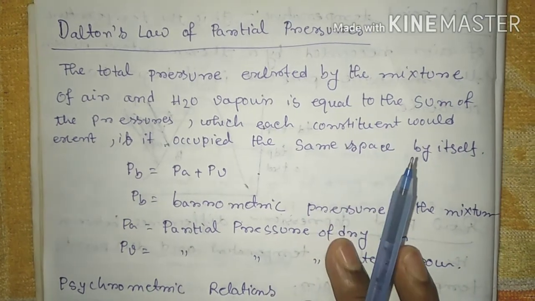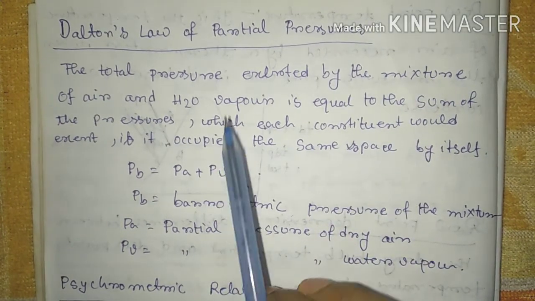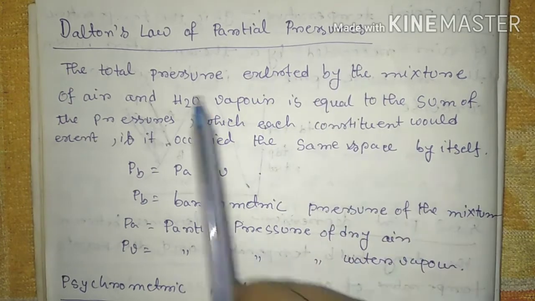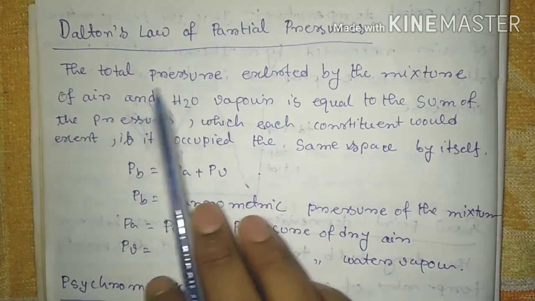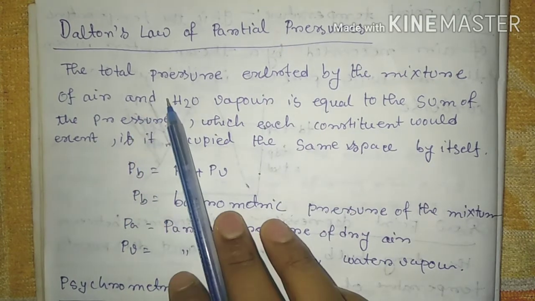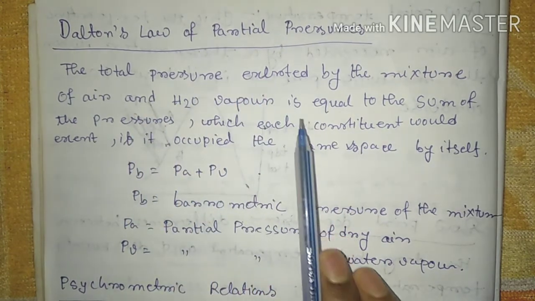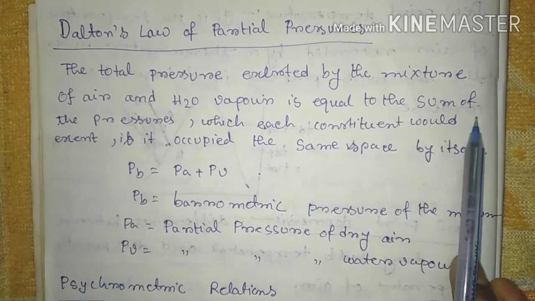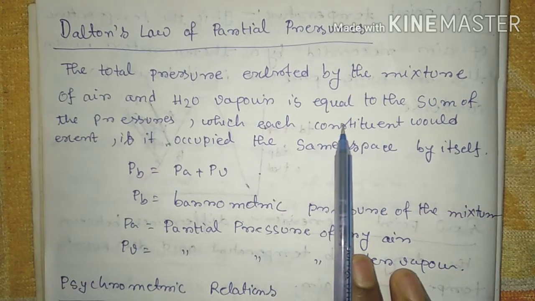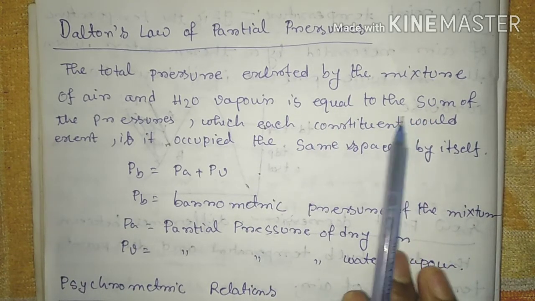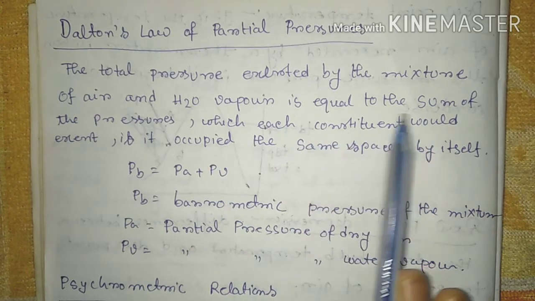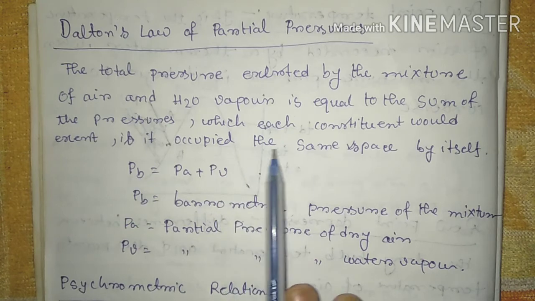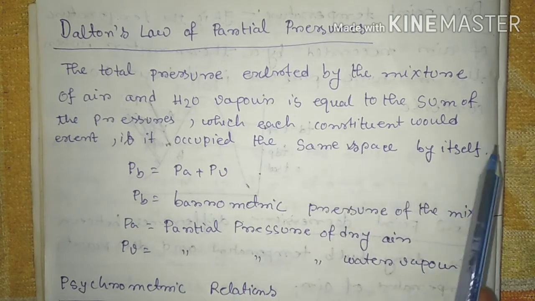Now, Dalton's law of partial pressures, what is that? The law says that the total pressure exerted by the mixture of air and water vapor is equal to the sum of the pressures which each constituent would exert if it occupied the same space by itself.